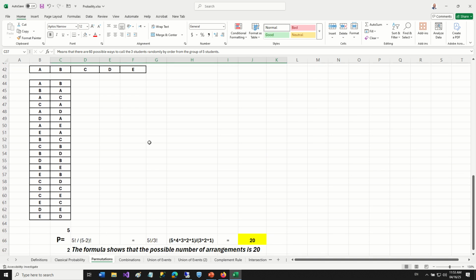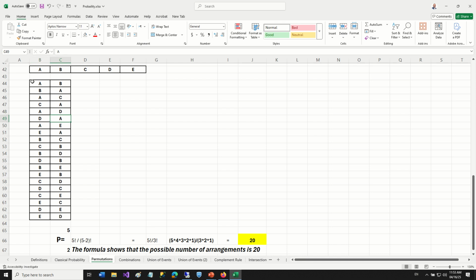If we have these 5 letters, and say that now we want to arrange 2 letters out of 5. As you see, we have AB, then BA, then AC, then CA, then AD, then DA, and so on.